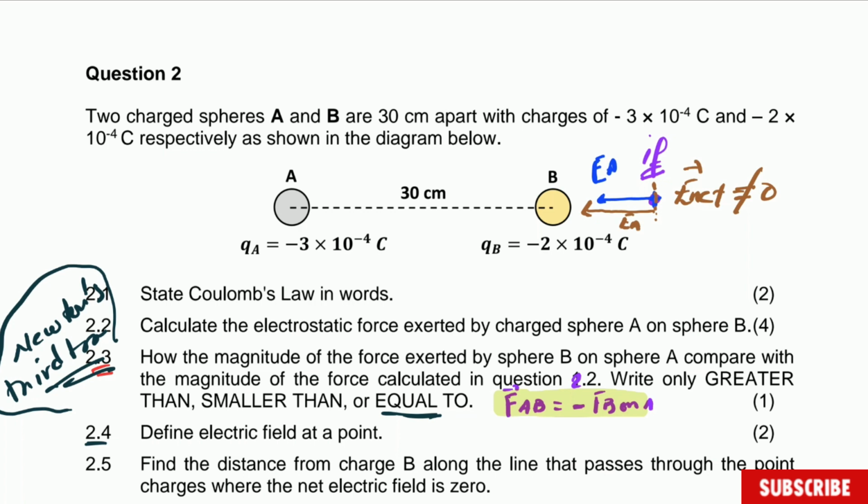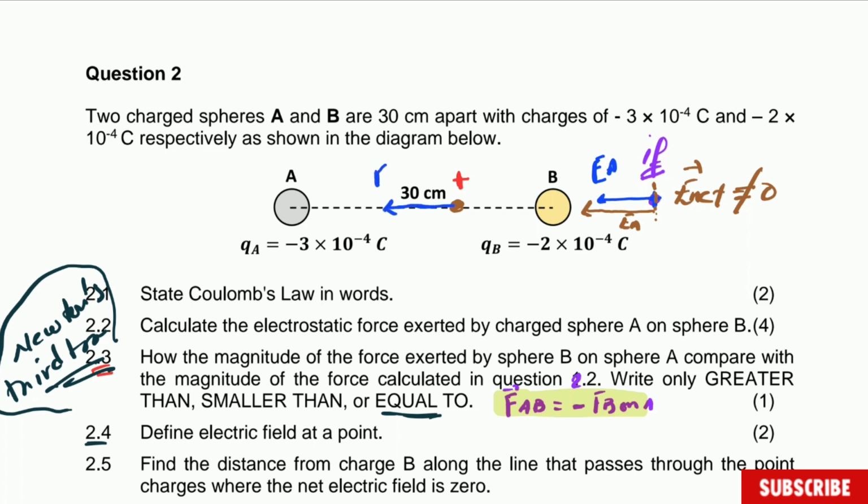However, if I place the point in between the charges, not right in the middle, but somewhere, let's say at that place there, remember, we're still working with that positive point. So what is going to happen here? A is going to pull to the left.